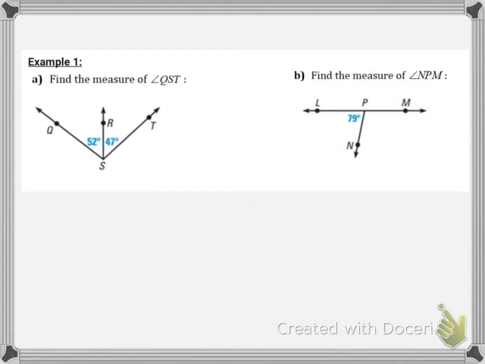All right, so for our first one, we want to find the measure of angle QST. So that's this big outer angle here. And they gave us the two inner angles. So using the angle addition postulate from before, the measure of angle QST, which we want to find, is going to be these two angles on the interior. So we'll have the measure of angle QSR plus the measure of angle RST.